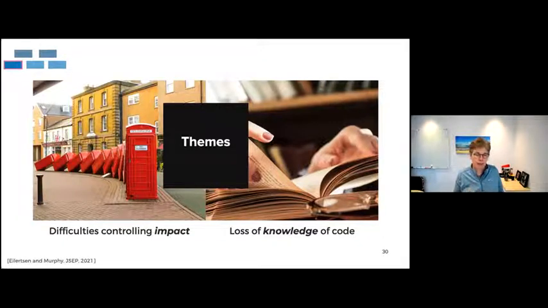So when we analyzed a lot of what we talked about with the individuals in terms of why they ended up not using refactoring tools, there were really two dominant themes. One was that they had a lot of difficulty in controlling the impact of what the refactoring tool would do. So let me give you a case of somebody doing an execute strategy.